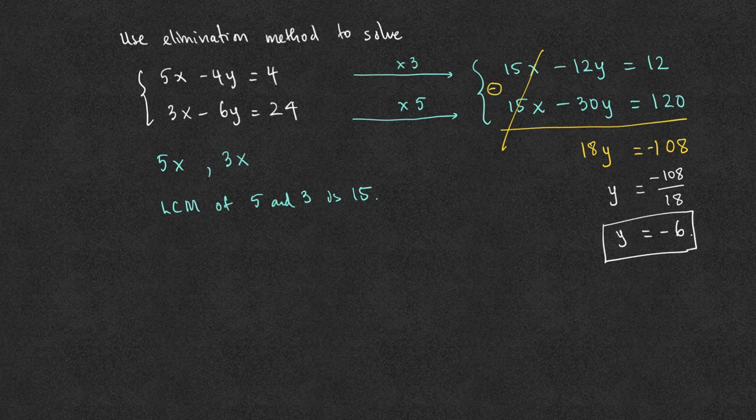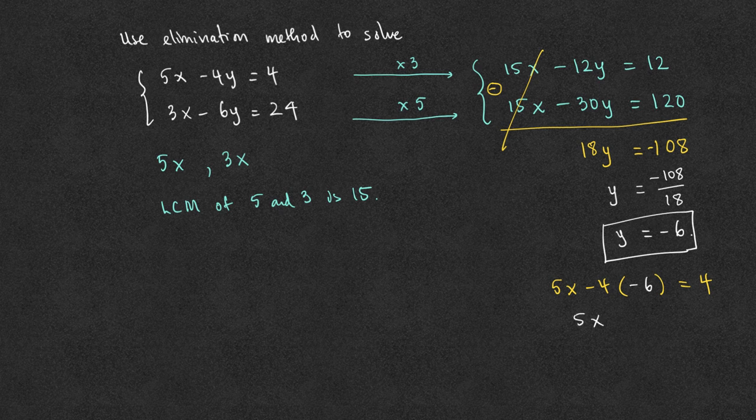Once we obtain y, we perform a back substitution to find x. It doesn't matter which equation we use to find x. If we use the first equation, then we have 5x minus 4y equals 4, where y is negative 6.